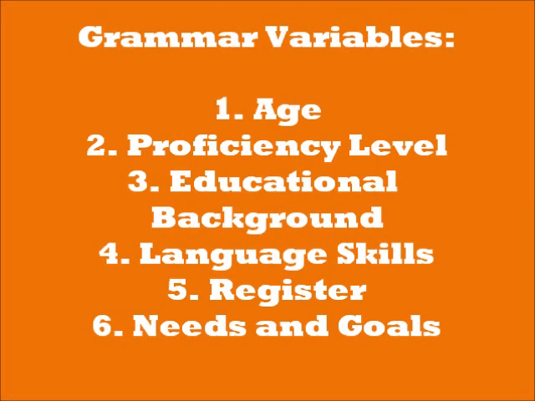The third variable is educational background. This is very important at the moment of acquiring the structure of a language, because if the student has not had any kind of education, it is going to be very difficult to acquire the language, whereas a student who has been educated can even make self-correction to refine the language. Language skills.